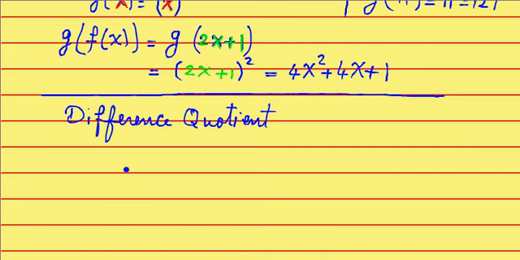Difference quotient is essentially a way that is used in all sorts of areas of science where you want to do a measurement of perhaps sensitivity analysis, or you want to do speed analysis.